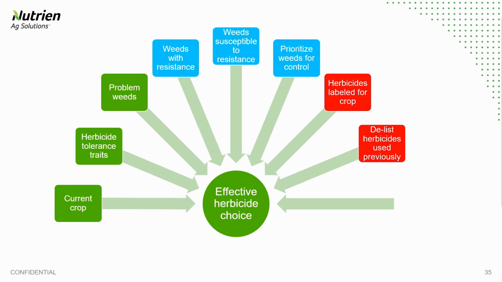Eighth, the grower then must eliminate from that list of herbicides any that would tend to accelerate resistance development in the weeds. Ninth, the grower chooses from among the remaining few herbicides one or two, which will adequately control the weeds in the field. Finally, the grower would repeat this process for each of his 20 to 40 fields.